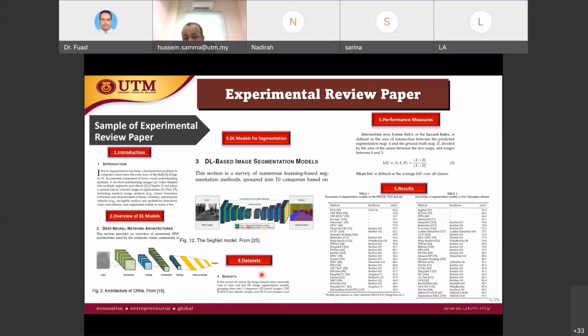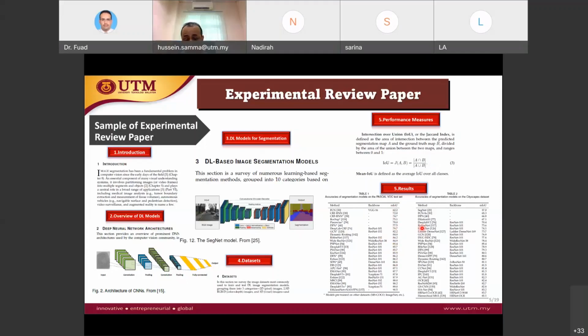Of course, you have to mention the performance measures. Then you have to present and report the results reported in the literature. So here the author just writes up what each model already achieved in the literature.